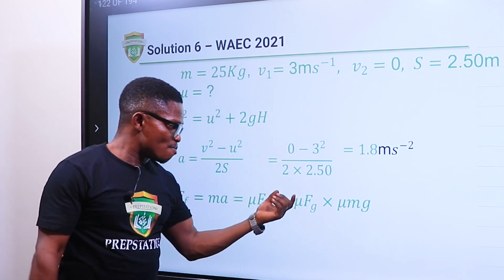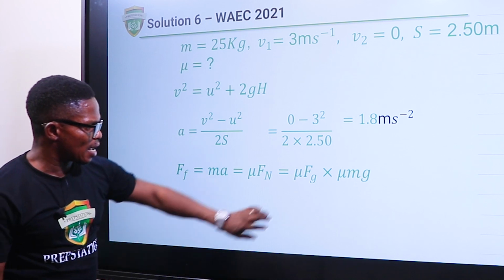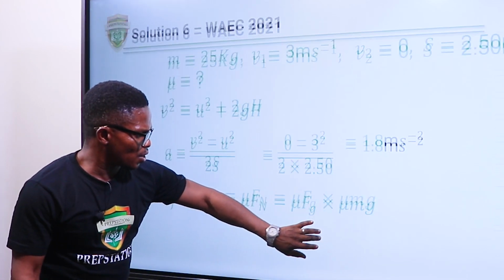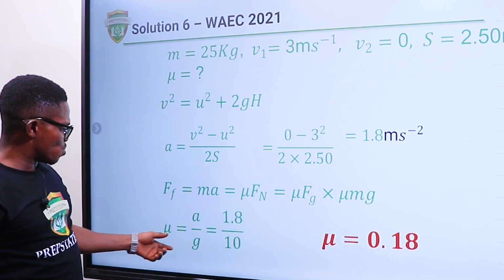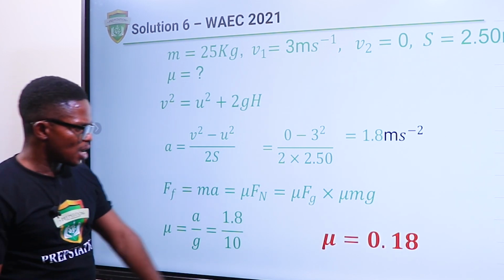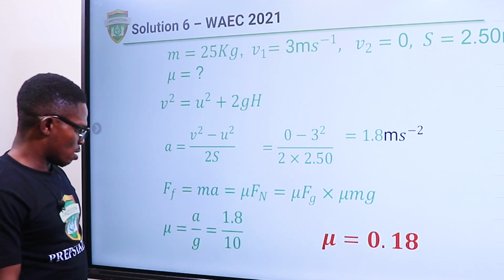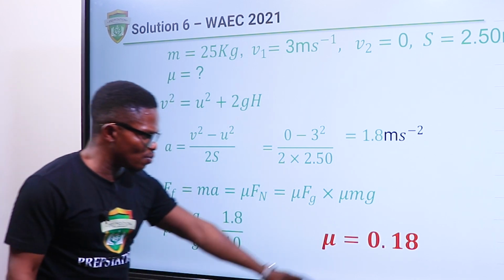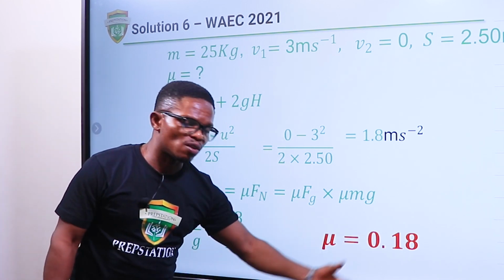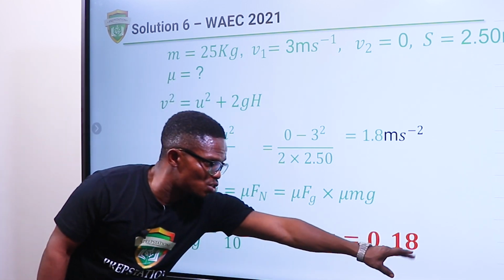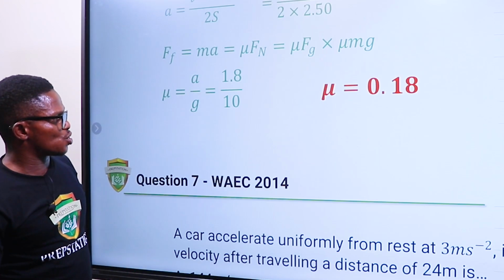So from here, make mu the subject of the formula, and then your answer will come out. So mu equals A over G, and that will give you 1.8 divided by 10, that will give you 0.18, which was the answer we saw before. Coefficient of friction does not have units, so there's no unit attached to it.